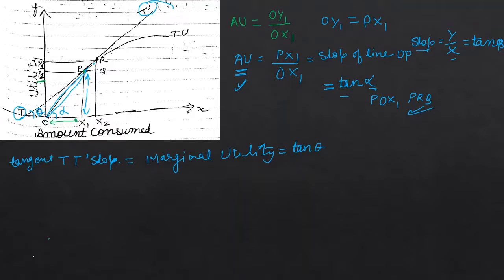Or you can calculate the ratio: in this case, the ratio PX1 upon TX1 will be the marginal utility. Of course, y upon x at that point. This is the marginal utility.